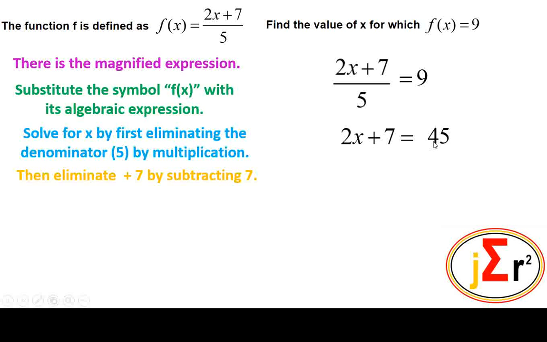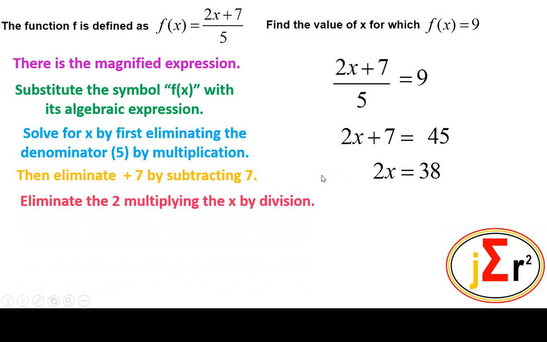But we need to say 45 minus 7 on the right-hand side. Whatever we have done on the left-hand side in order to change its value must also be done on the right-hand side. Simplify that right-hand side. 45 minus 7, that will give us 38.